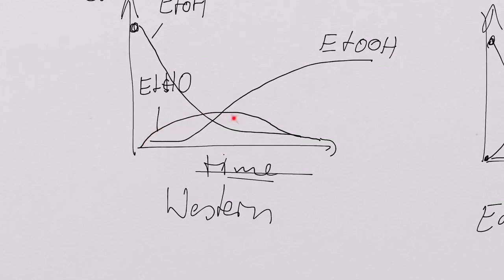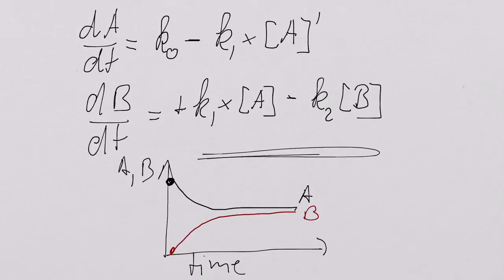So B was going up and then going down because it ran out of A. In this case, B stays up. It's not going down. Have you seen something like that before? These curves.